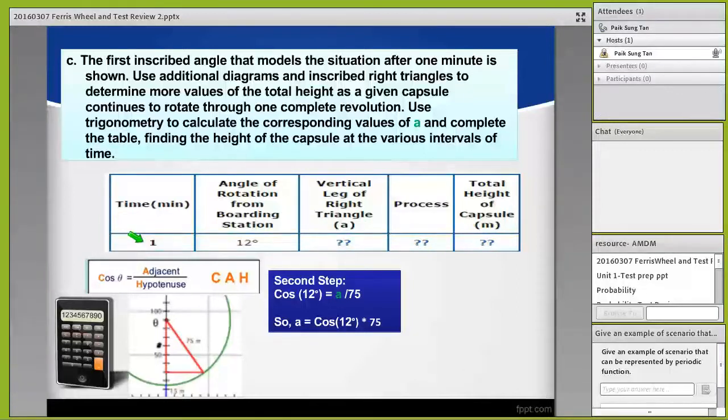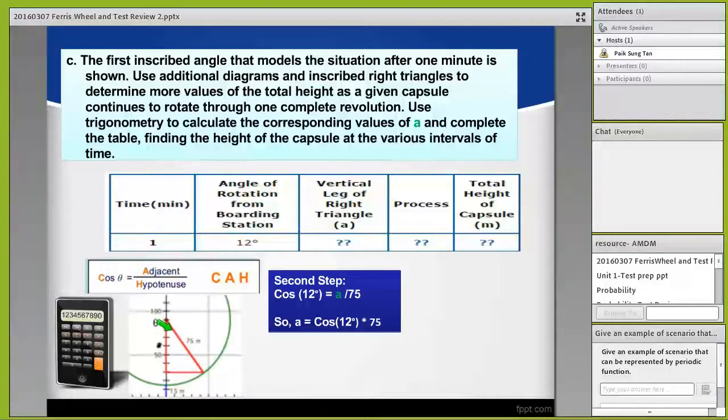The first minute, we know the angle is 12 degrees. How are we using cosine to calculate the vertical leg of the triangle? We know cosine theta is equal to adjacent over hypotenuse.